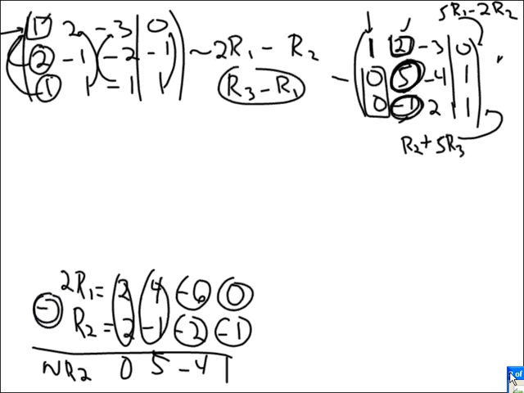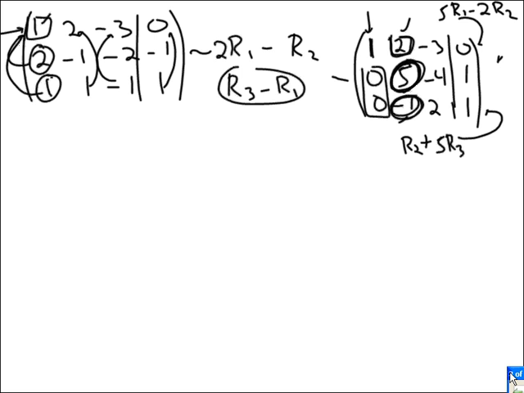Okay, so let's do our arithmetic. Tons and tons of arithmetic in these problems. So we're not doing anything to row 2. The reason I know that so easily is I didn't put anything there. Okay, 5 times row 1. 5 times 1, 5 times 2, 5 times negative 3, 5 times 0.